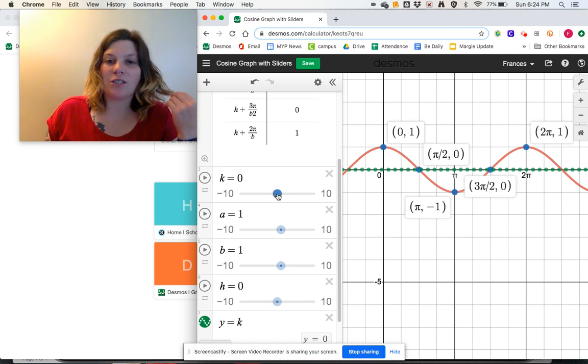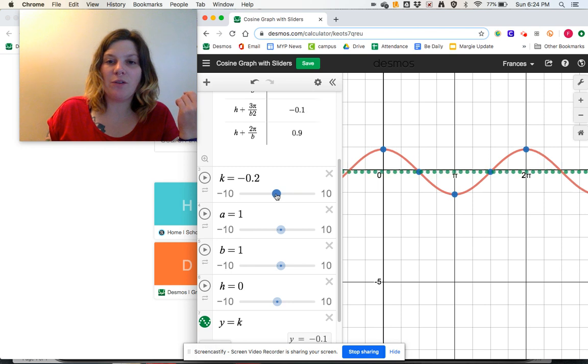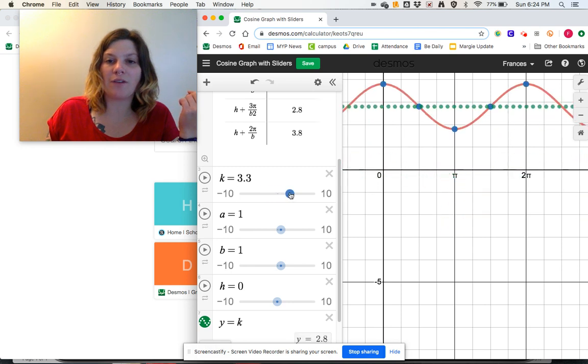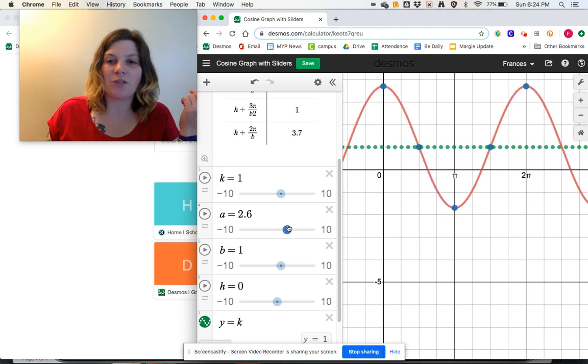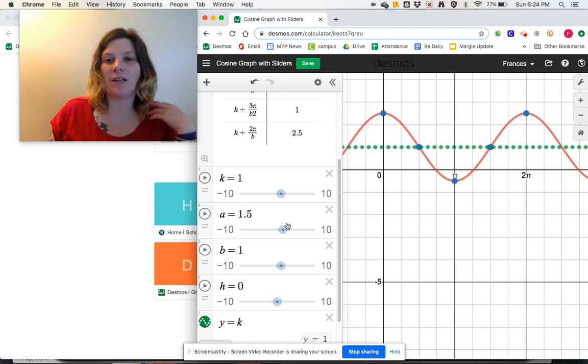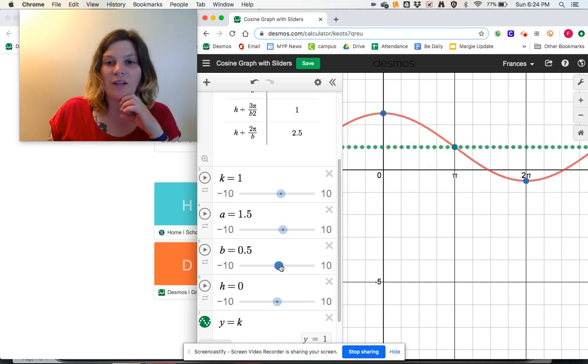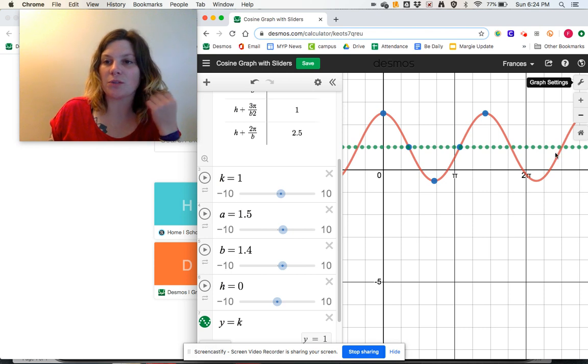And so we can change our K value. Remember, that makes the whole graph go up and down. And we can change the A value. That changes the amplitude, or how tall or short the graph is.